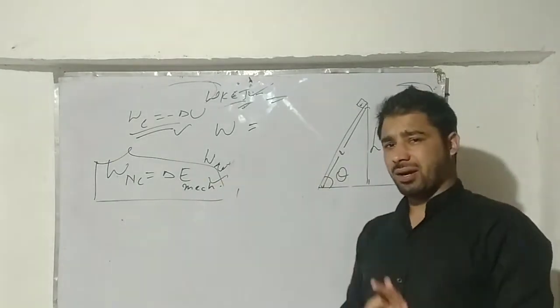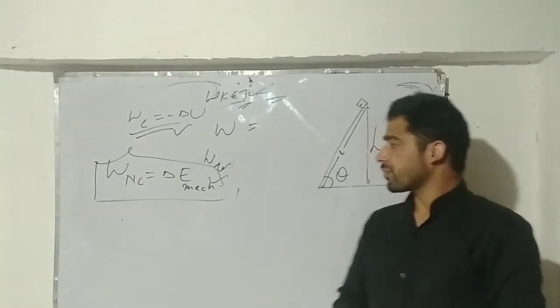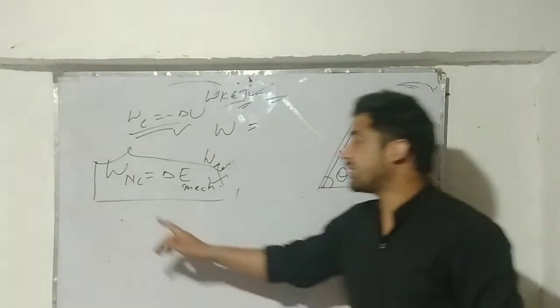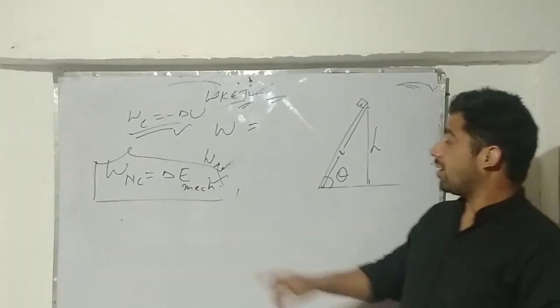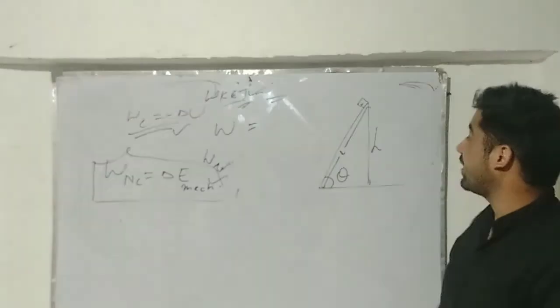That means we should care about many more terms. But if I use this thing here, I need to know only one thing: if there is a non-conservative force, then it must make the corresponding change in the total mechanical energy.